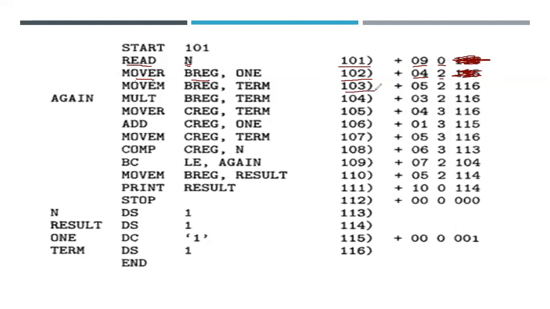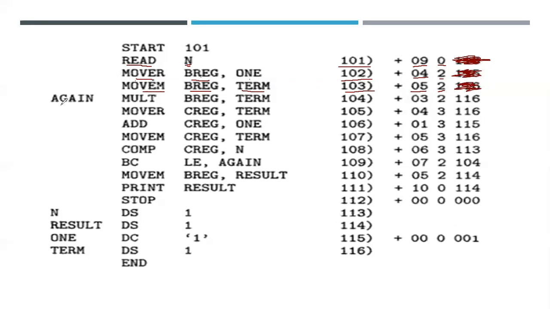Next statement, 103, move M. Move M is nothing but 05. The B register is 2, and term. Again, we don't know the address of term, so for the time being forget about this address.